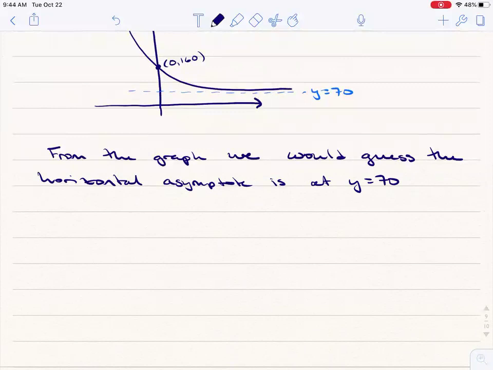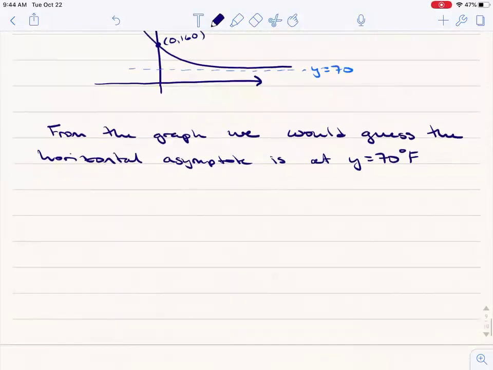Y equals 70 degrees Fahrenheit, which I don't know about Fahrenheit, but it's reasonable to assume that's the temperature of the room.